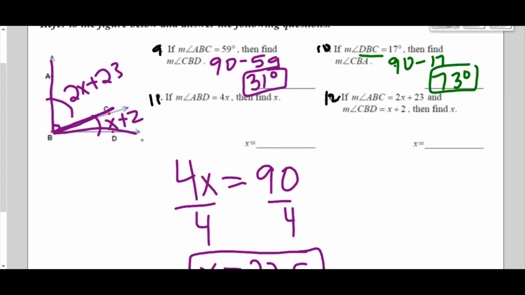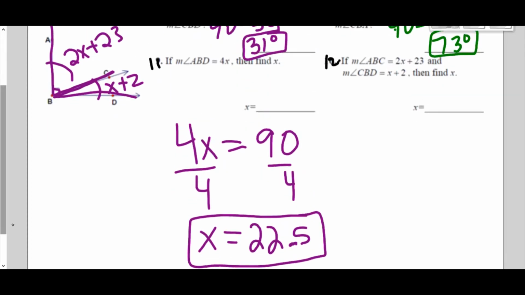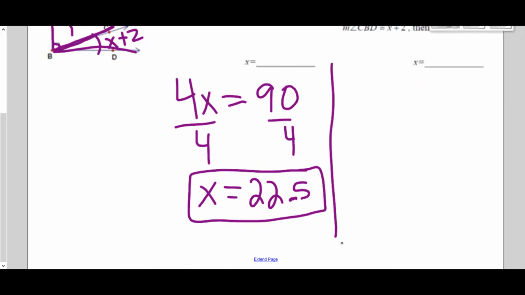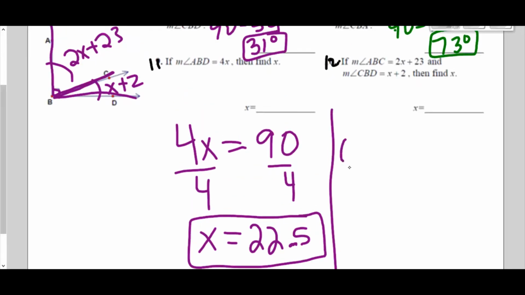So we're going to use the fact that these 2 angles are complementary. They add up to 90 degrees. So we'll add these 2 and set it equal to 90. So we'll say 2x plus 23 plus x plus 2 equals 90. And then we're just going to solve that.